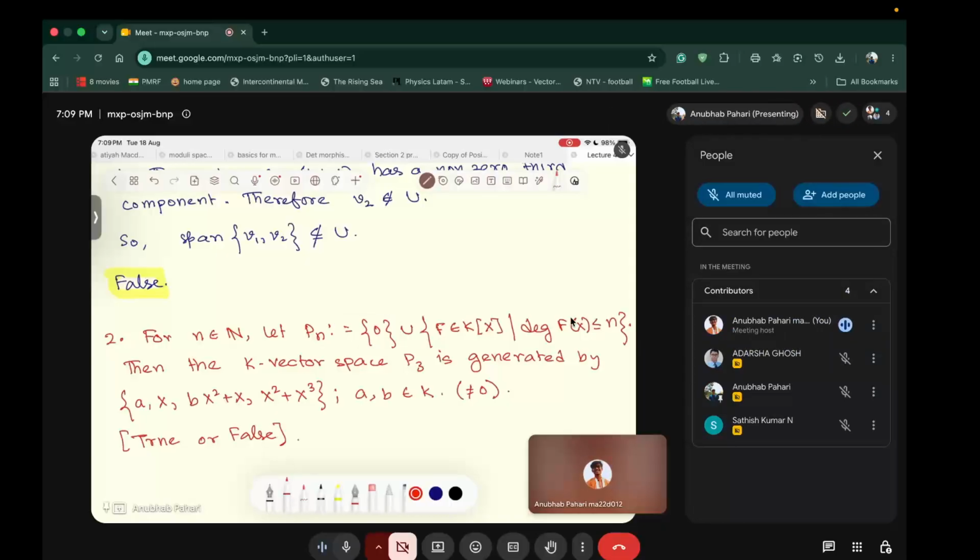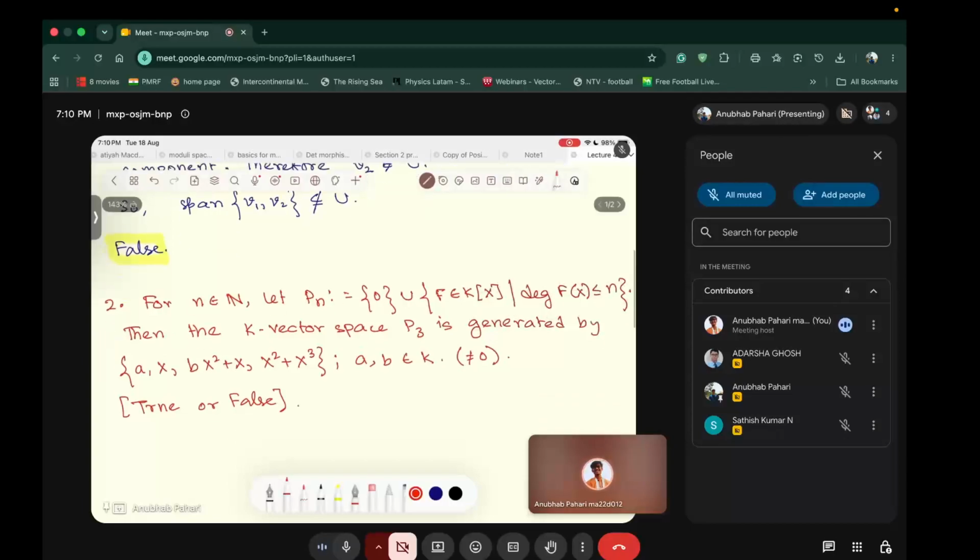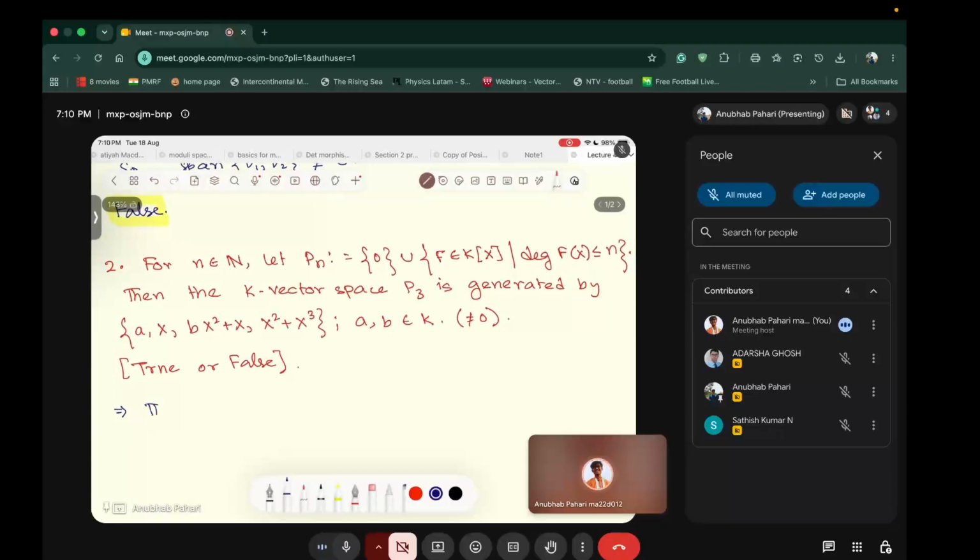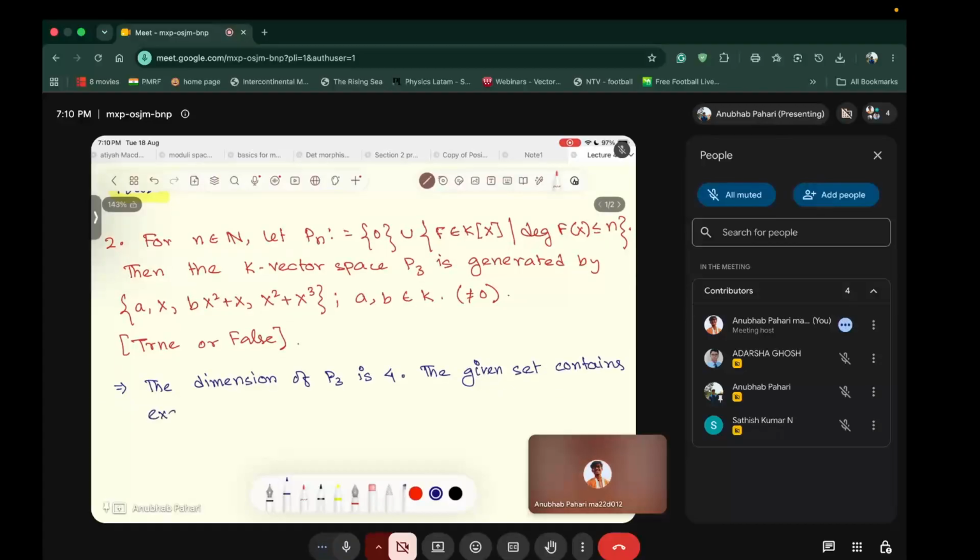Okay, so let us start solving this problem. The dimension of P3 is 4. The given set contains exactly 4 polynomials.